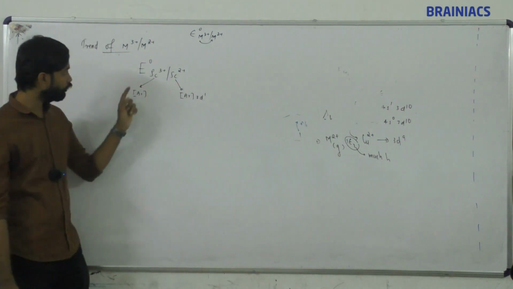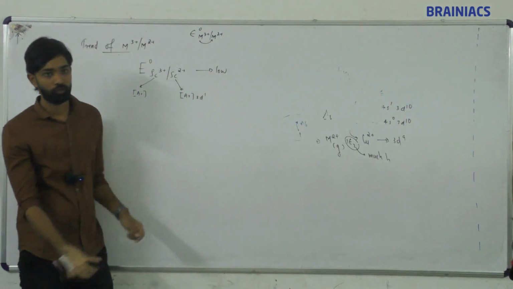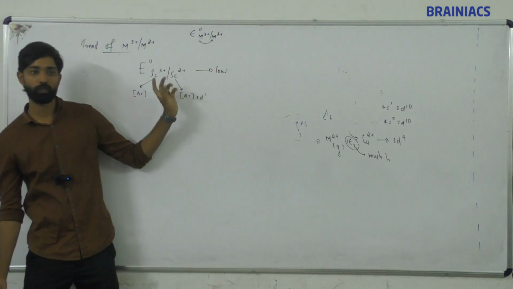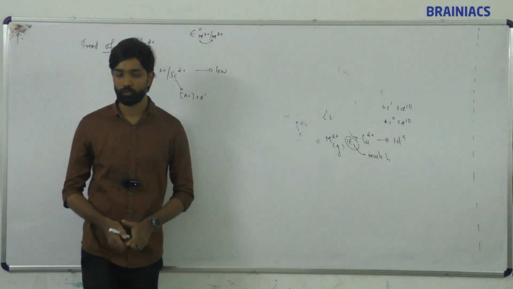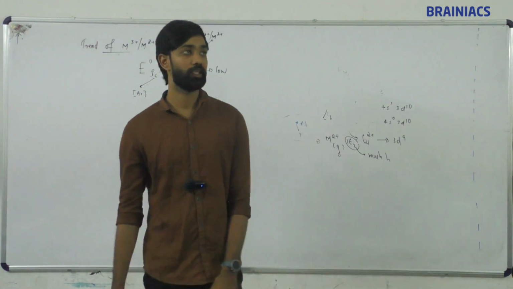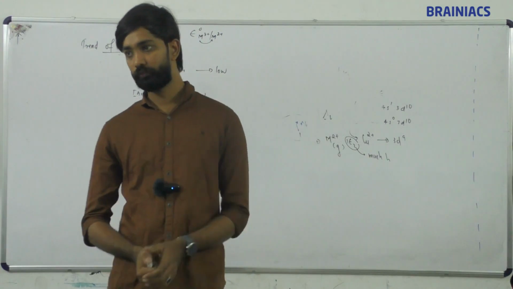So this value is low, which means this reaction is less feasible, which means Sc3 plus has a greater stability than Sc2 plus. So you can write the explanation: due to the stability of Sc3 plus.